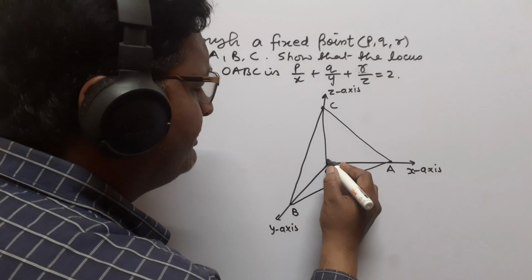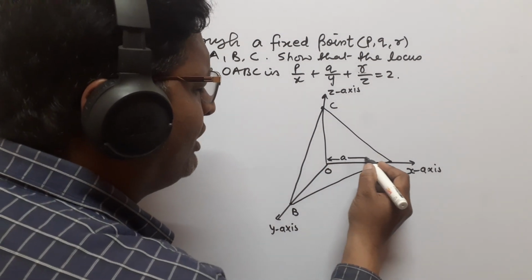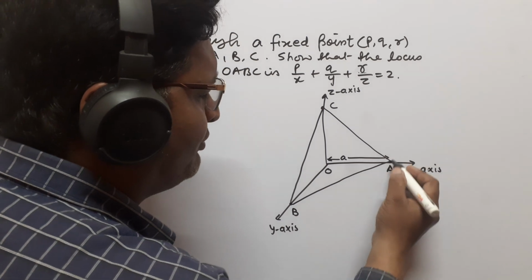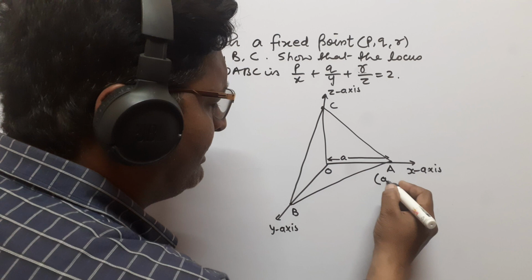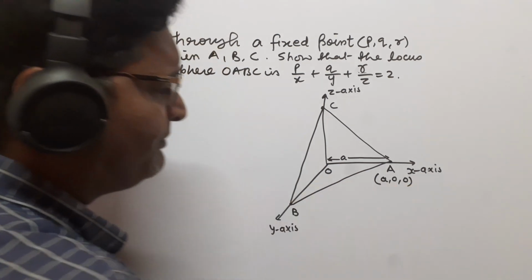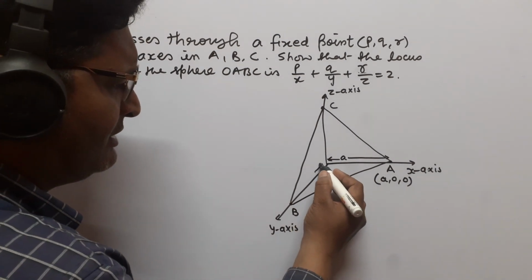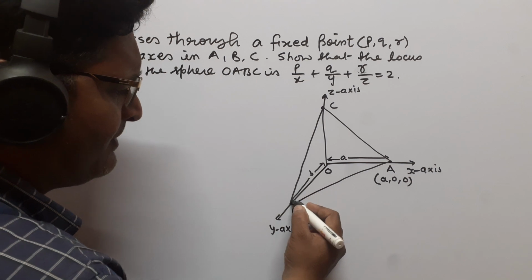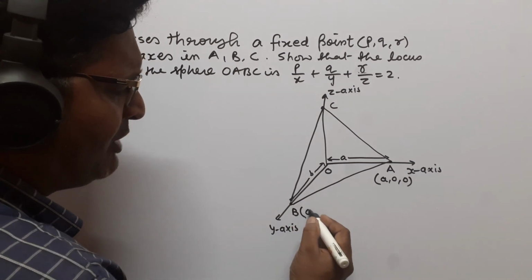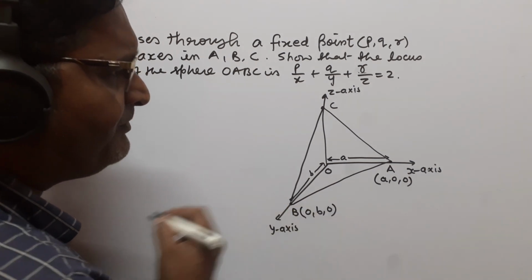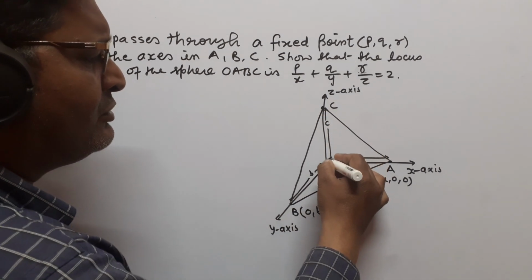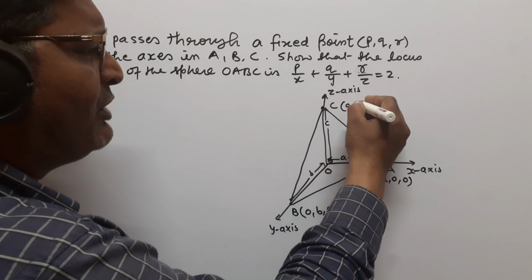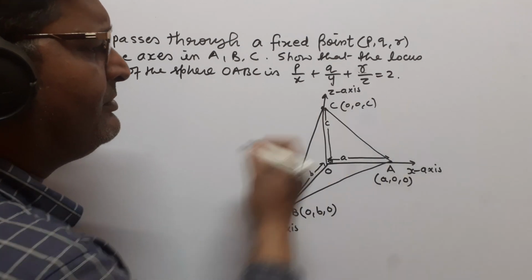Suppose this distance is small a, so the coordinate of capital A is (a, 0, 0). Suppose this is the b distance, so the coordinate of B is (0, b, 0). Suppose this is the c distance, so the coordinate of C is (0, 0, c).